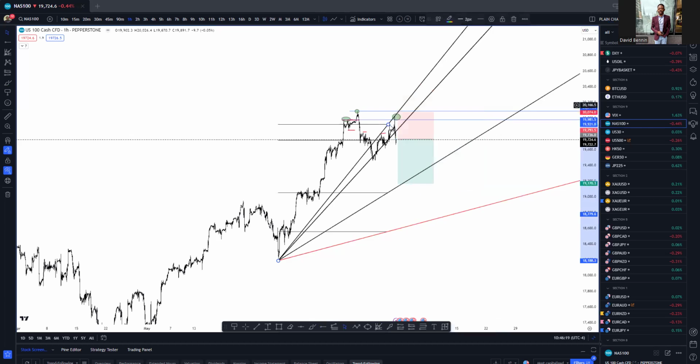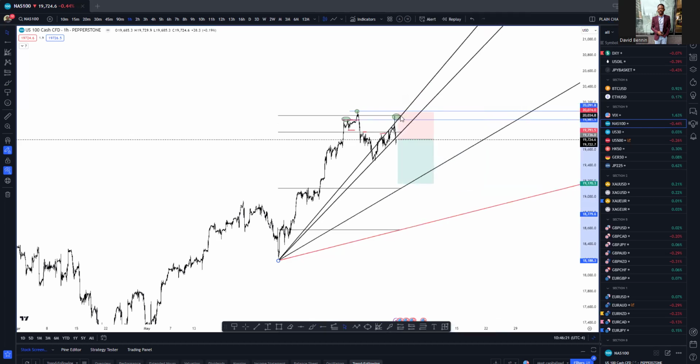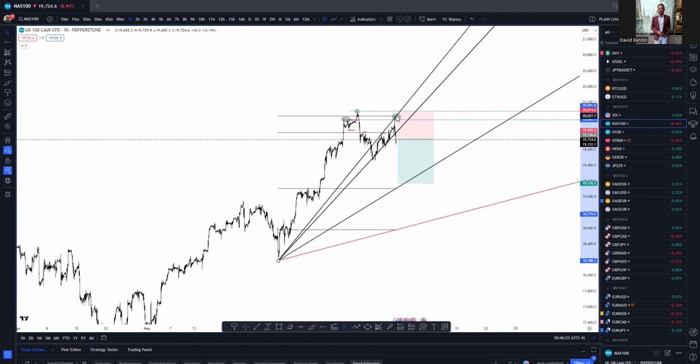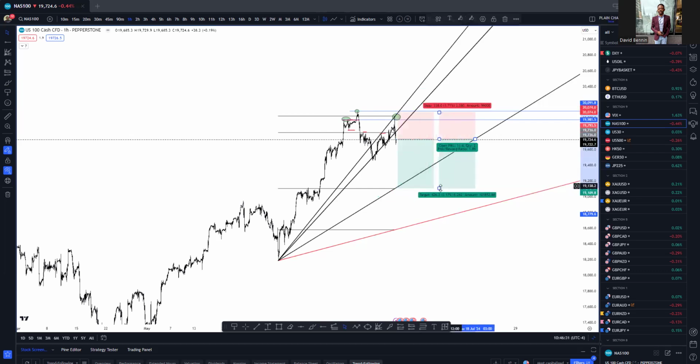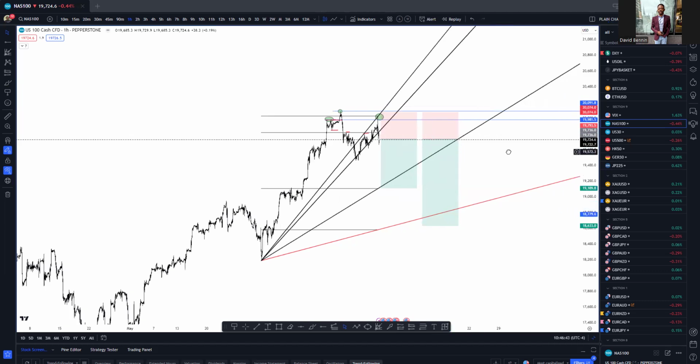And you have that. So that is TP. And your next TP would be the next level below this one. Yep, so this is how I got these two trades.